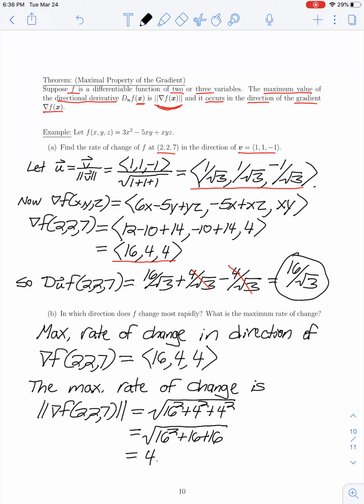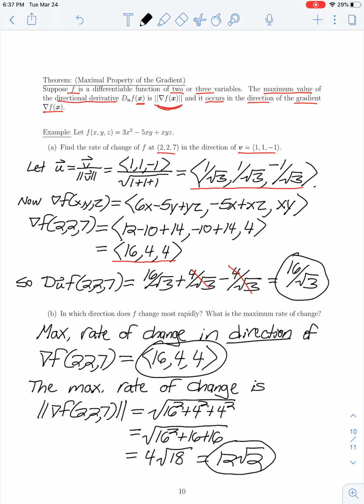If we factor out a 16, the square root of 16 is then 4, and we're left with 16 plus 2 under the radical. So that would be root 18, or root 2 times 9. So I think in the end we're left with 12 square root of 2 as the maximum rate of change, and the direction in which it occurs is in the direction of this vector.